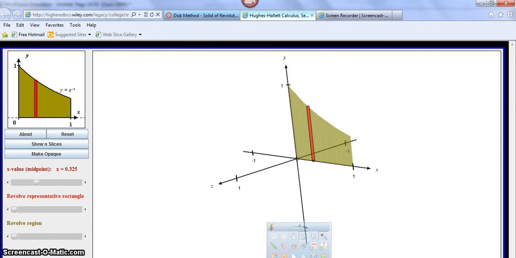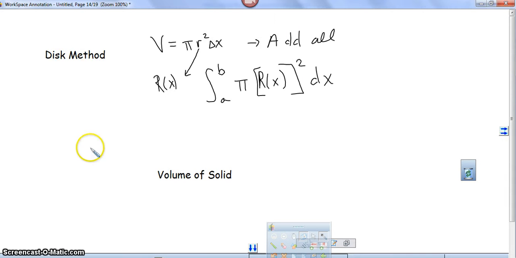Okay, if I revolve something around the y-axis, it looks a little bit different, and I'm sure my picture will be horrible, so I apologize already. But let's say you have some function like this. Okay, upside down parabola there. If I want to rotate that around the y-axis like this, I have to draw my rectangle horizontally.